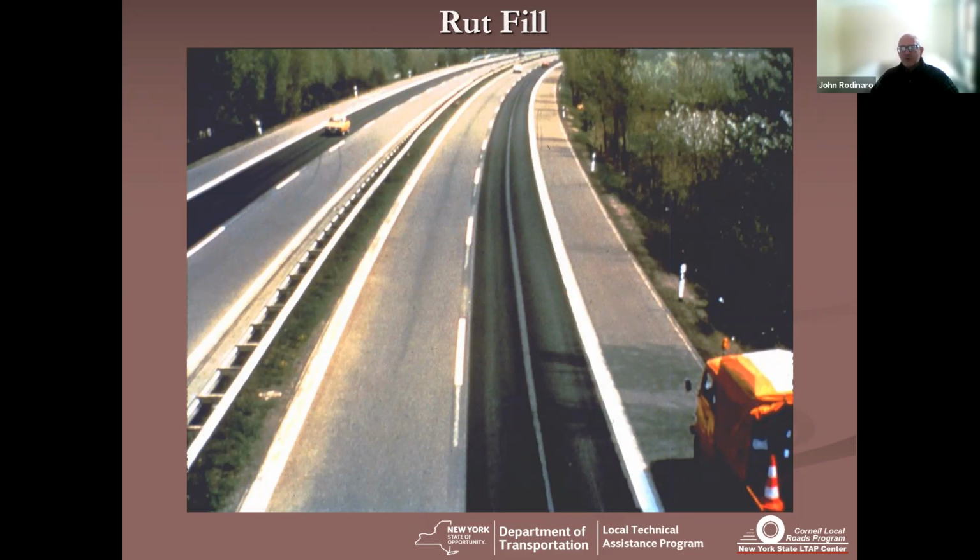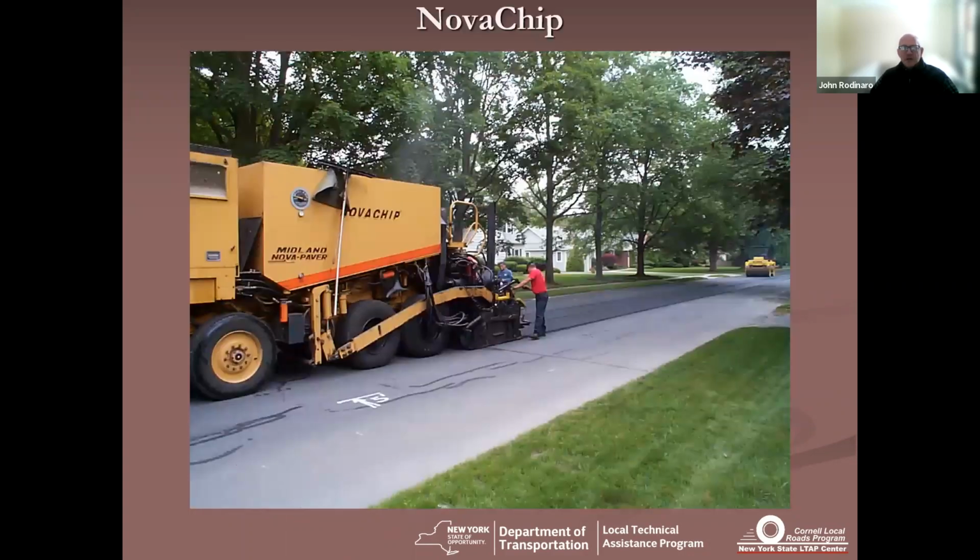So you make that rut fill pass. That's what you see on the right-hand side, those two nice black lines, and then over on the left-hand side of the slide, you see they placed a finished pass. That's their second pass. And that's your new wearing surface, or your surface coat. Real nice product.